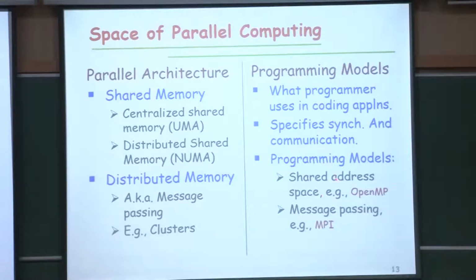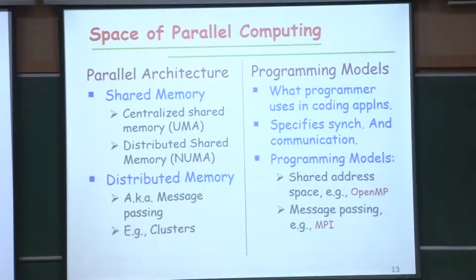Ideally, shared memory programs are good for mapping onto shared memory architectures, and message passing programs are good for running on distributed memory machines. However, it is easily possible to run message passing programs also on a shared memory machine.